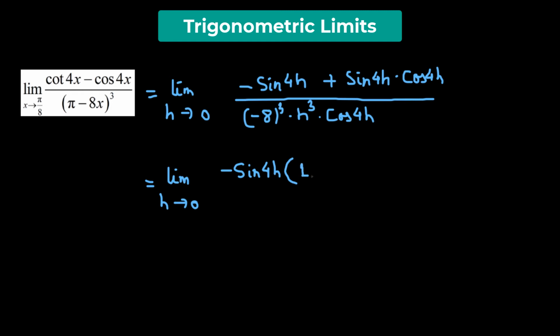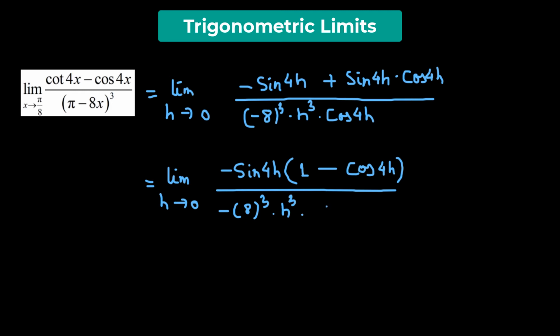That leaves us with 1 minus cosine of 4h divided by, so negative 8 whole cube will be negative times 8 cubed times h cubed times cosine of 4h. So we can get rid of the negative sign by multiplying both numerator and the denominator by negative 1.